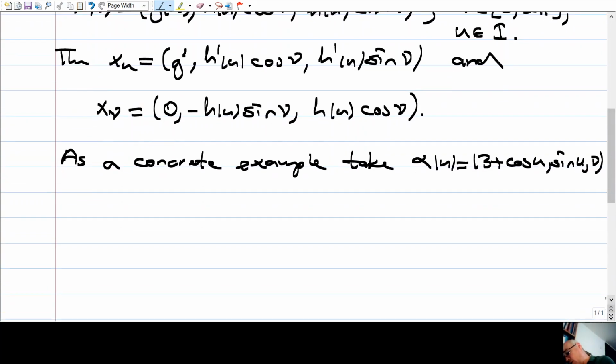So this is the circle in the xy plane, at center 3 and radius 1. So this is the curve alpha.